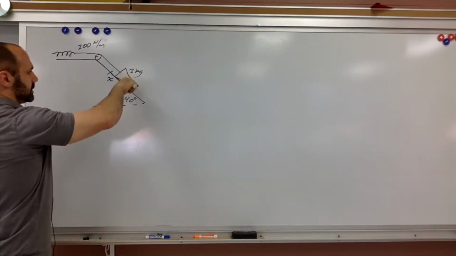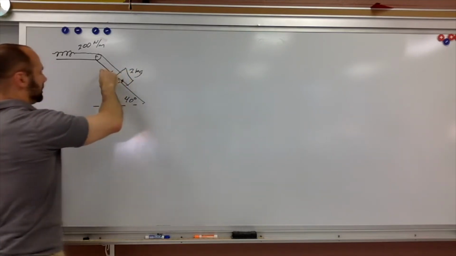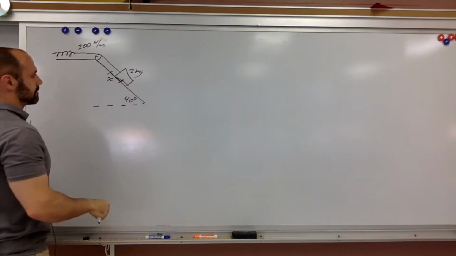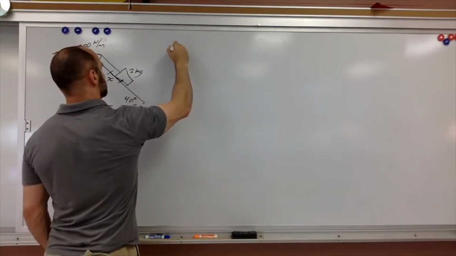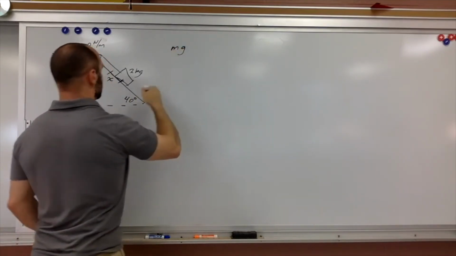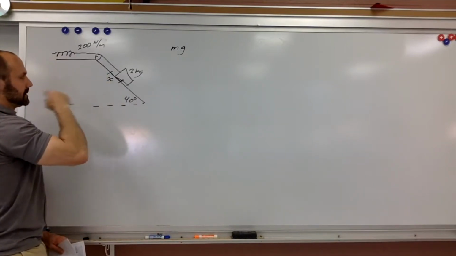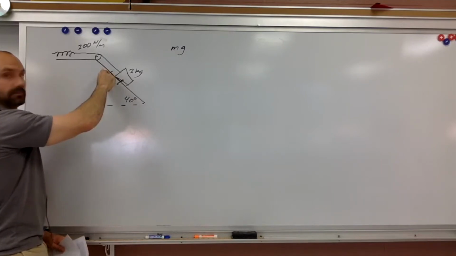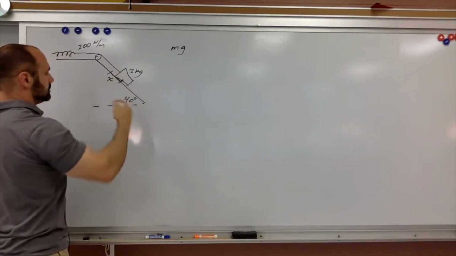We want to know, at first it's got a certain amount of gravitational potential energy, and then there's work done on this. So the amount of gravitational potential energy is mg. Now we've got to be careful. It's not x, right? Because instead it's going to be this vertical distance that it's going to fall down.